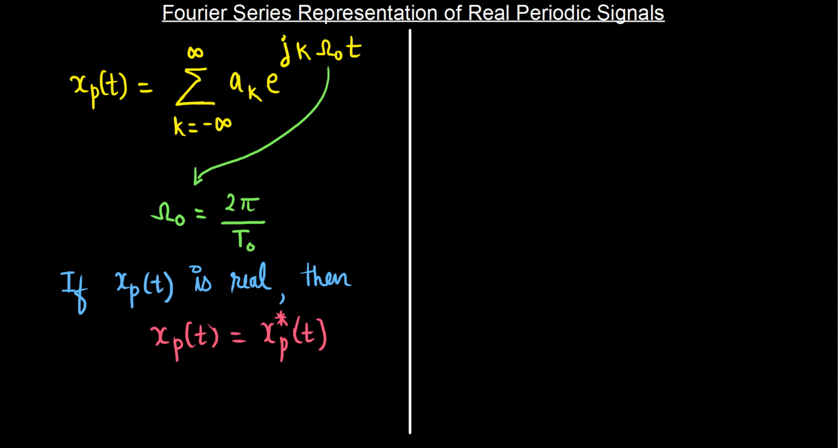Now let's impose this condition in this equation. Before rewriting this expression, let's see what xp of t star is, that means the complex conjugate of xp of t.